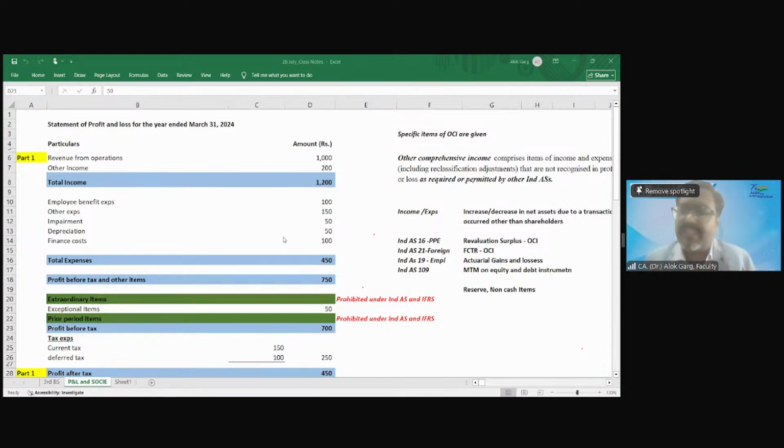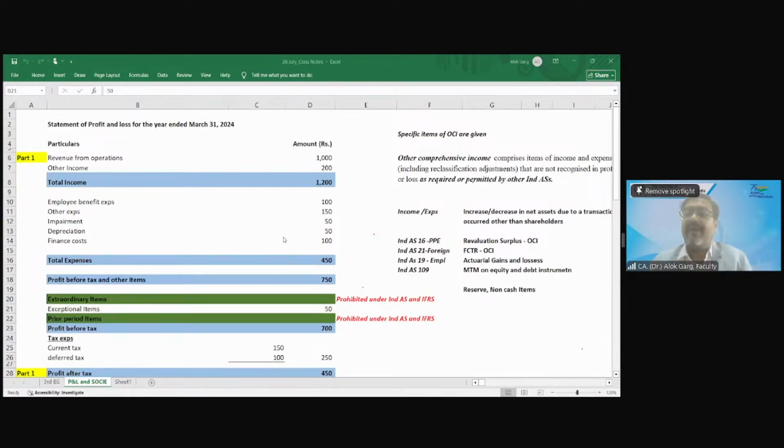There is nothing called ordinary or extraordinary in IFRS or Ind AS, but this amount is huge. The nature of the incidence is not frequent. Every year you are not selling subsidiaries, so that the user will be able to know that the amount is huge, the amount is material, and this material amount is one time, it's not regular. Hence it is required to be shown as an exceptional item.